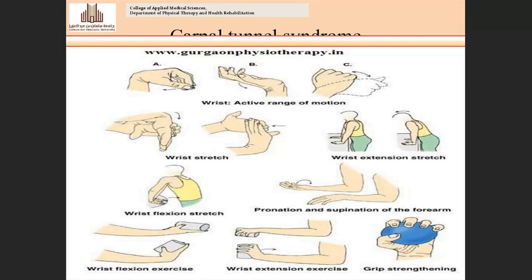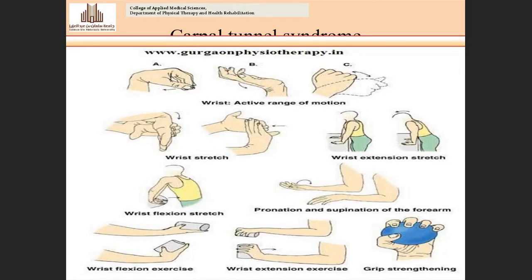Apart from that, there are a few exercises which will be helpful to reduce the pain and improve the condition. Wrist flexion and extension exercises, and ulnar deviation and radial deviation. You can go for stretching of the wrist flexors and wrist extensors, and wrist flexion stretch.